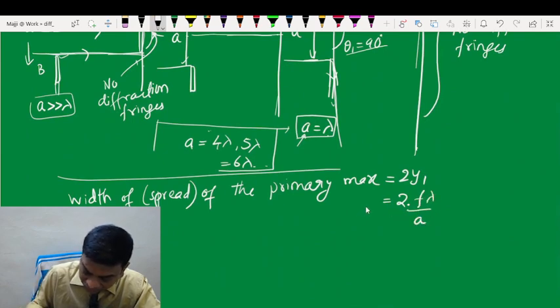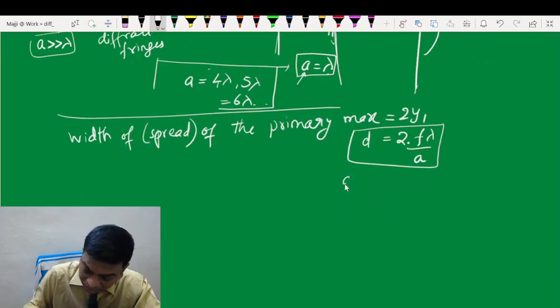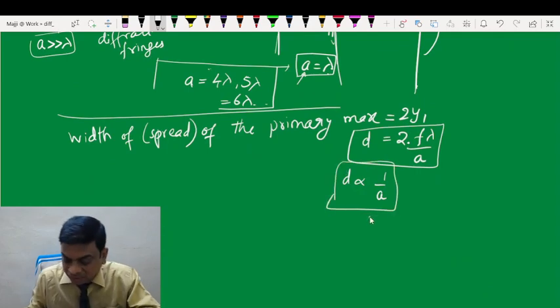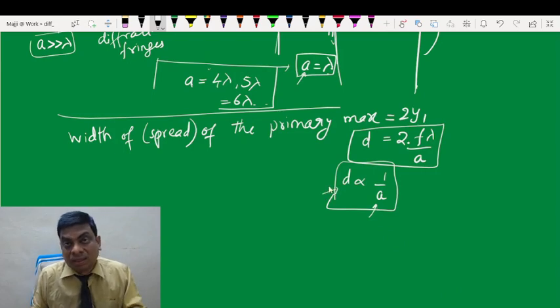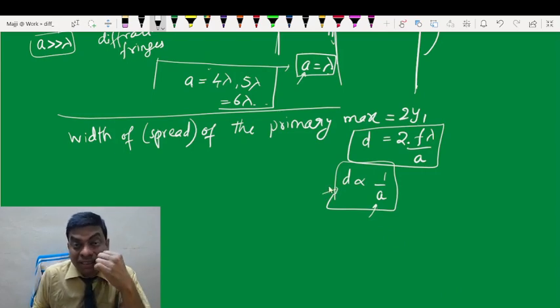For now, let me take this as some distance, let us say d. So you can see that d varies inversely as a. When the slit width was reduced, the spread of the central maximum was increasing.